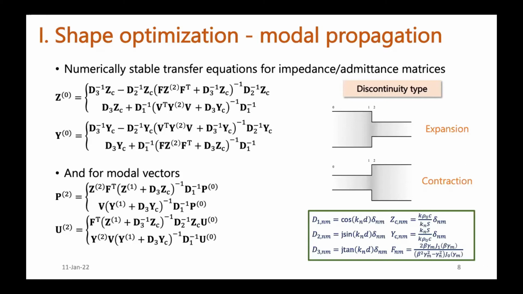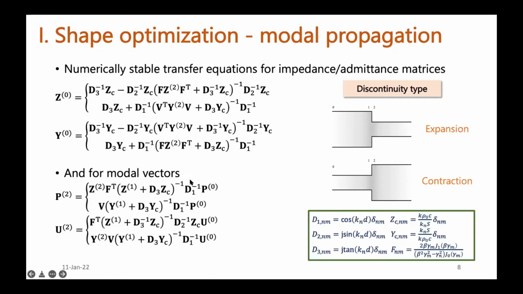And again, for 4 different cases, we have 4 different expressions, and these expressions are derived following the method proposed by Rowe in a 1972 paper, and these are numerically stable, so that we will not encounter numerical errors in the implementation.